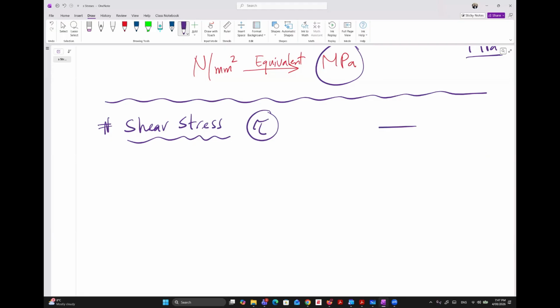For example, if we have something like this, just changing the circle, and here the force in this case is in this direction. We call this force V, and this is our cross section. If I ask you what is the relation between the cross section and the force, is it parallel or perpendicular?